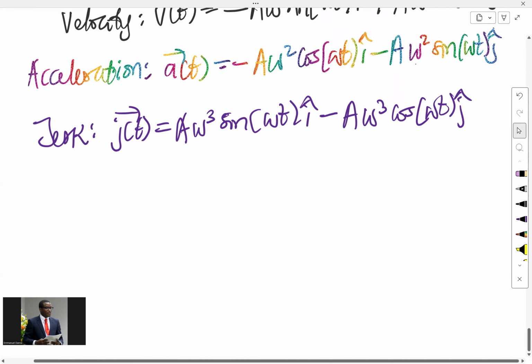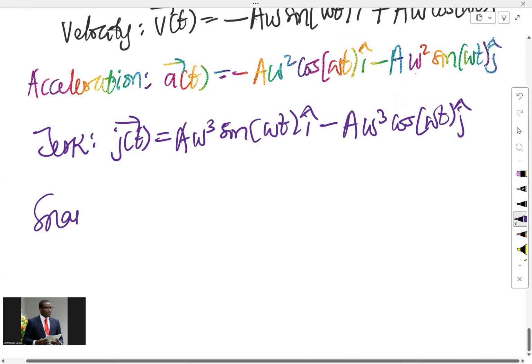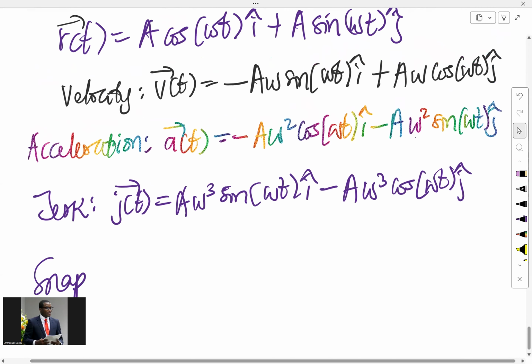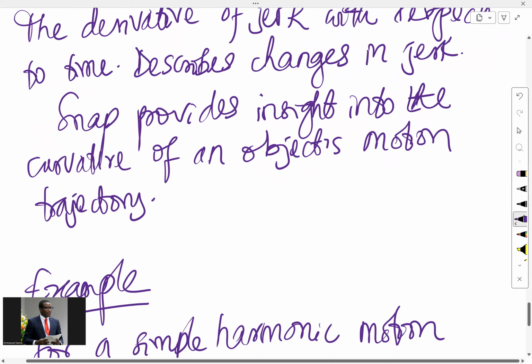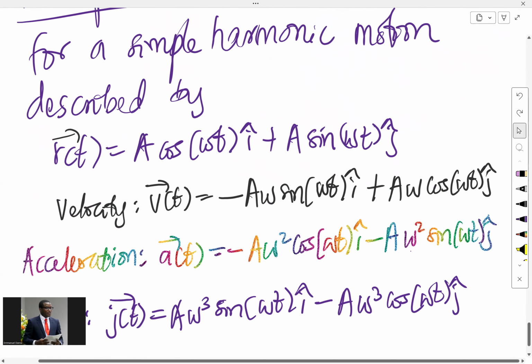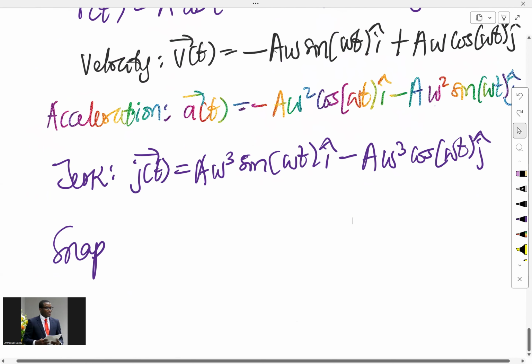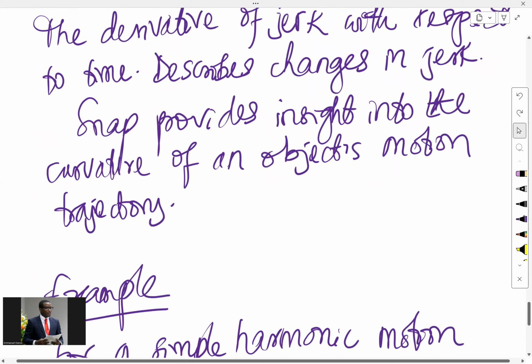Then of course we can talk about the snap. I didn't give the formula for snap before. We can say that snap is s of t, which is dj of t over dt.